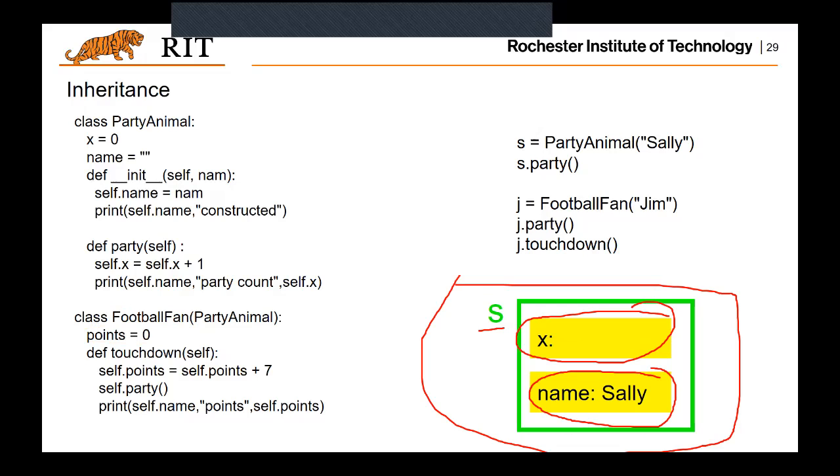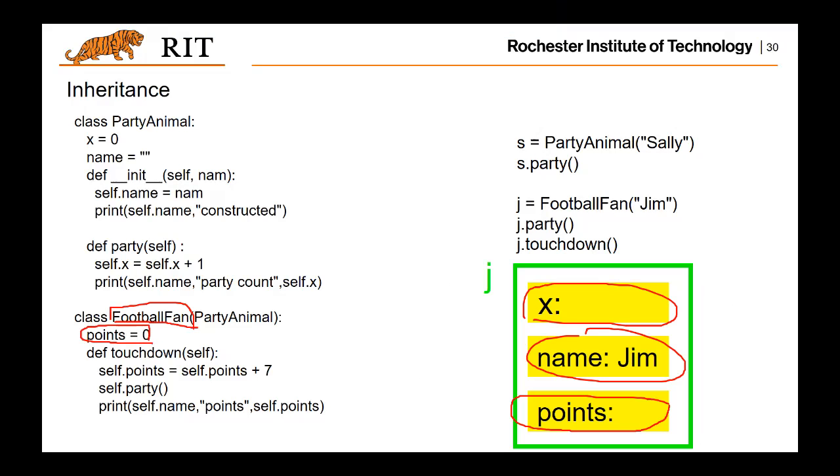Because S is a party animal object, and J is a football fan object. Football fan is a child of the party animal class, so it inherited the attributes from party animal.